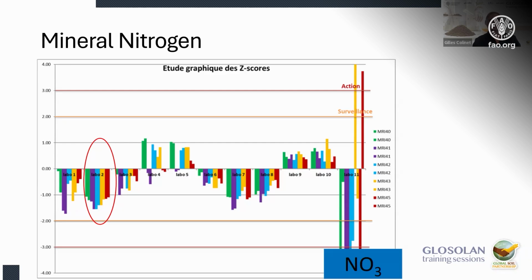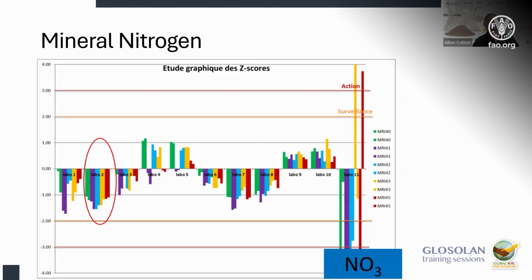So if you have a Z-score of 2, it means that you are 2 times the standard deviation away from the expected value.